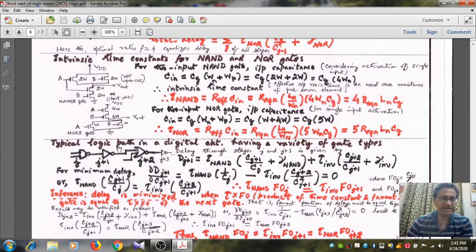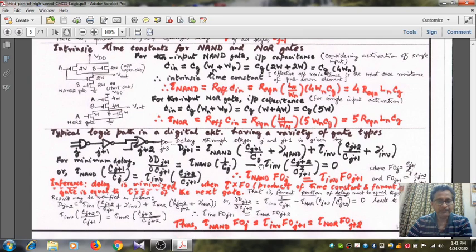Now you can question me, why are you considering only the 2 stages, when all the 3 stages are there? The reason is that in this term the common factor is the input capacitance of the inverter. Because you see here Cj plus 1 is involved in the numerator, here Cj plus 1 is involved in the denominator. Cj plus 1 is common to both the subterms.